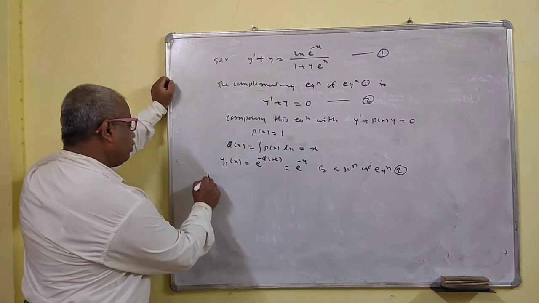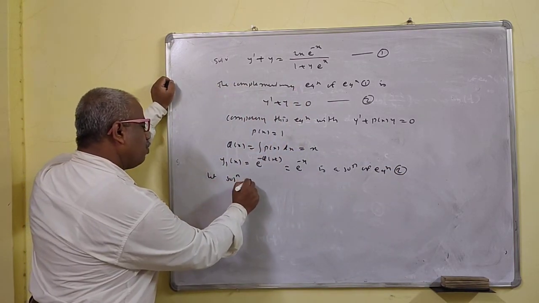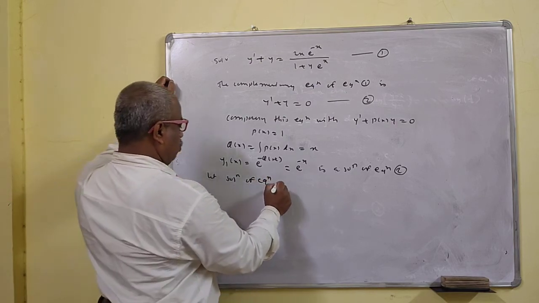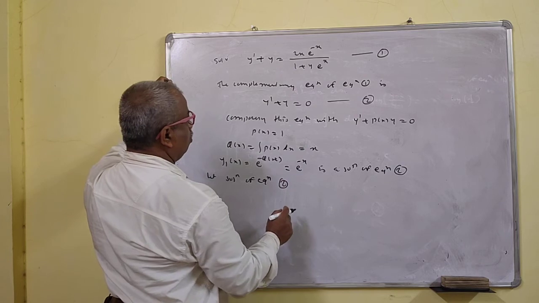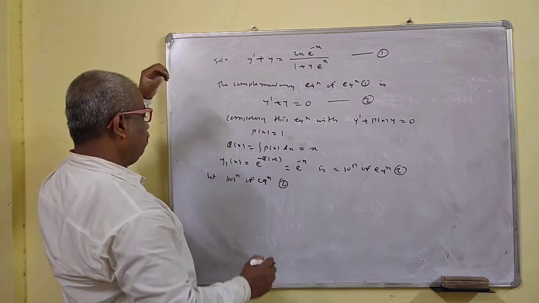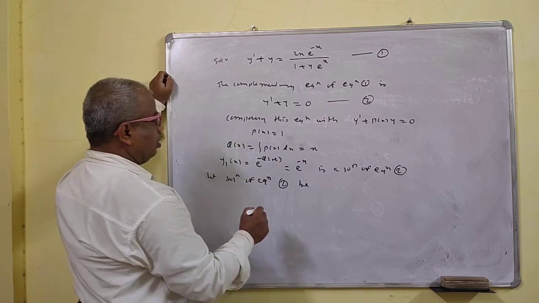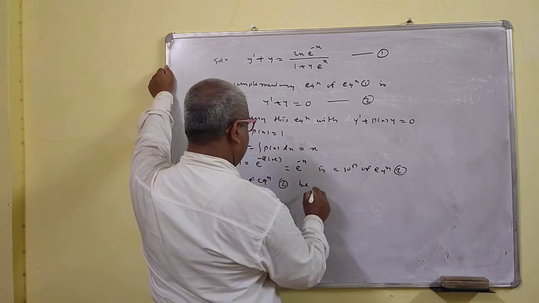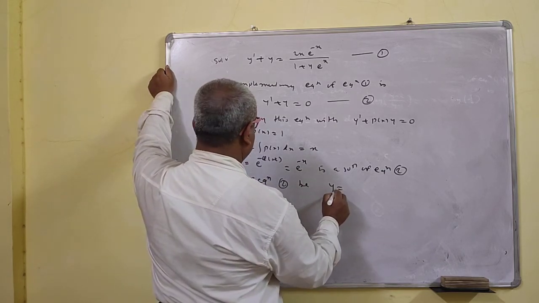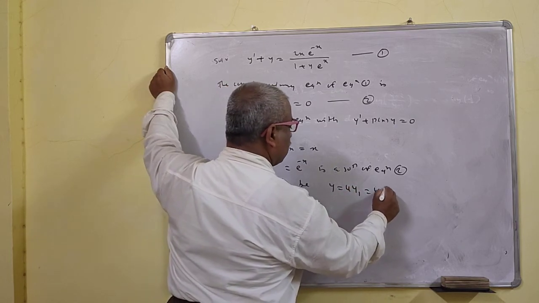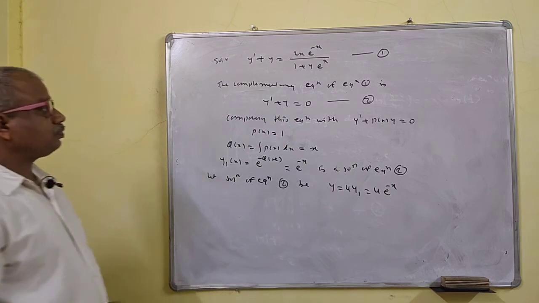So let the solution of equation 2 be y is equal to u into y1, that is u into e raised to minus x.